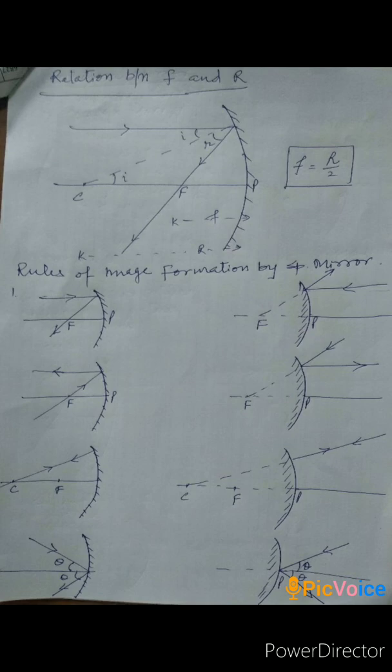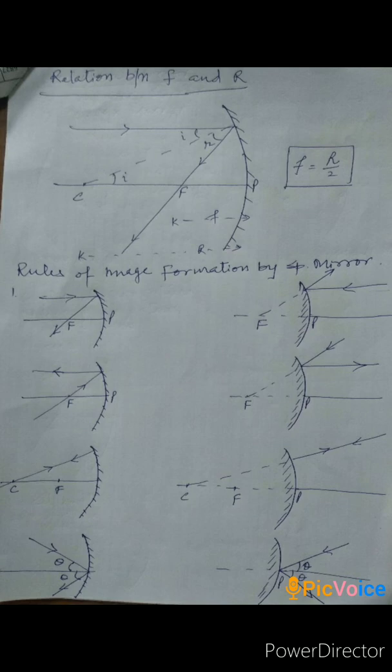And in the third rule, the light ray going through the center of curvature, after reflection returns back along the same path, in the case of a concave mirror as well as a convex mirror.